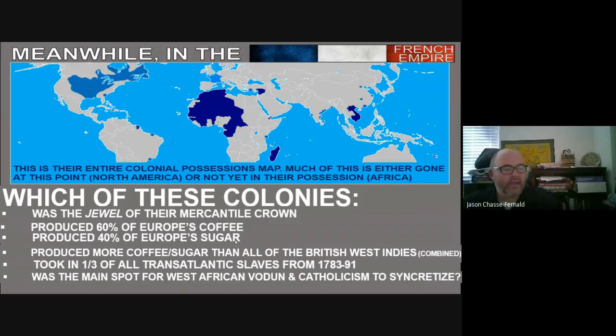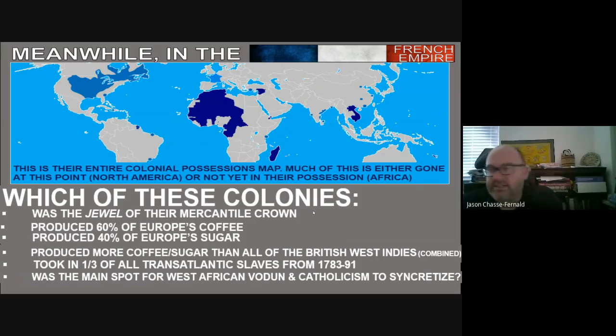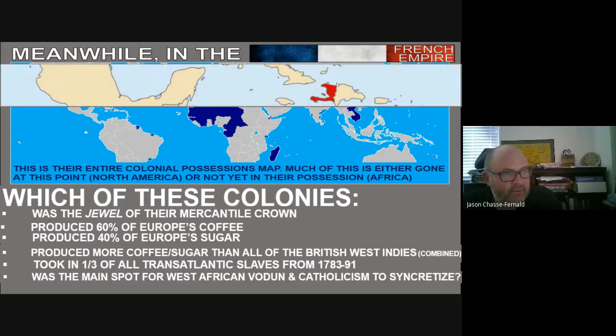One third of all transatlantic slaves were brought across the Atlantic from 1783 to 1791. So during that period, you can definitely see a huge human toll. And remember the connection to Vodun, the syncretism between West African religions and Roman Catholicism in the colonies. We're talking about the western portion of the island of Hispaniola.